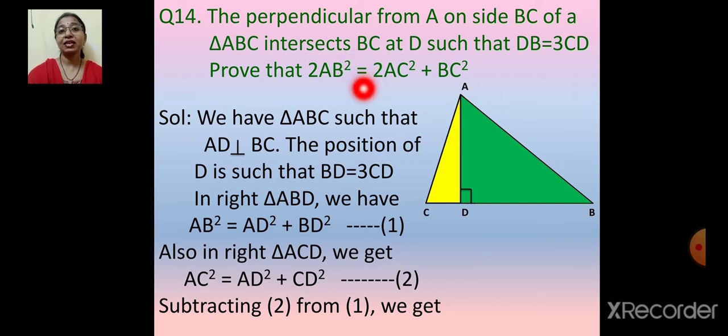They are not on the same side. So this time we'll subtract equation 2 from 1, that means equation 1 minus 2. So what will happen? AB square minus AC square, and this AD square will get cancelled. BD square minus CD square.